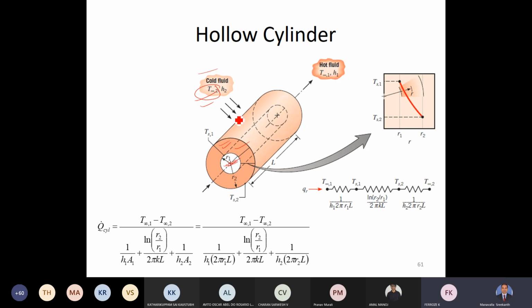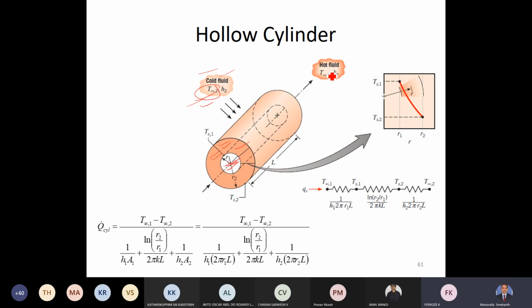Okay, so the outside fluid offers some resistance for heat flow. This wall offers conduction resistance for heat flow, and the inside fluid offers convection resistance for heat flow. So these are the three. So outside convection, wall conduction resistance, and internal convection resistance. Okay. Yes, sir. So we have these three heat resistances.